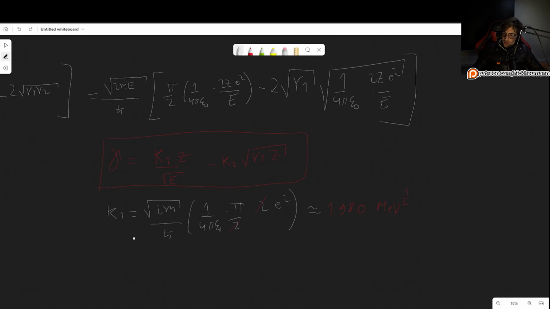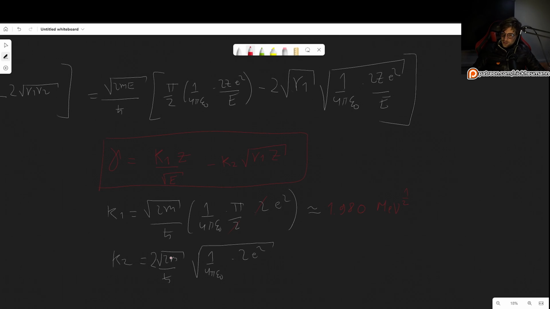And the other constant, K2, is the square root of 2m divided by h bar. Then we have this other 2 outside, and then the square root of 1 over 4 pi epsilon 0 times 2 e squared. Right? I'm just double checking. In the case for K2, we have e squared over 4 pi epsilon 0. And then we have, yeah, these two.